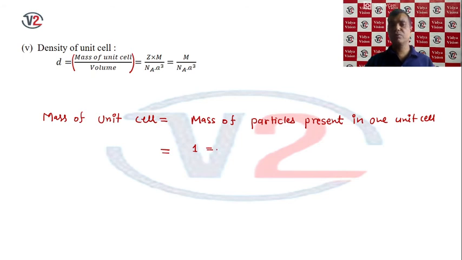So the mass of one particle can be represented by atomic mass or molecular mass. If we consider that the particle is an atom, then that is equal to atomic mass. And if we represent the atomic mass or mass of the particle by m, then it is m AMU. This is the unit of mass.